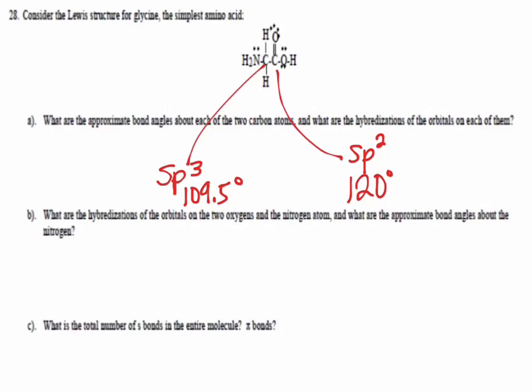All right. The next one says, what are the hybridizations of the orbitals on the 2 oxygens and the nitrogen and those bond angles? So let's do this oxygen first. What's the hybridization? How many areas of electrons on it? 1, 2, 3. There's 2 lone pairs, sorry. So there's a total of 3 areas of electrons.